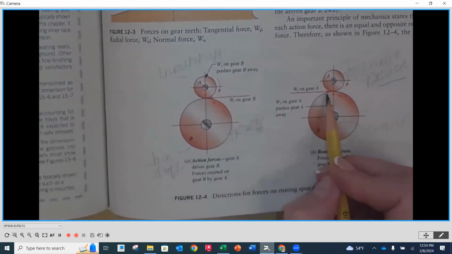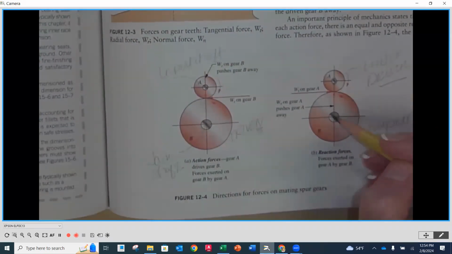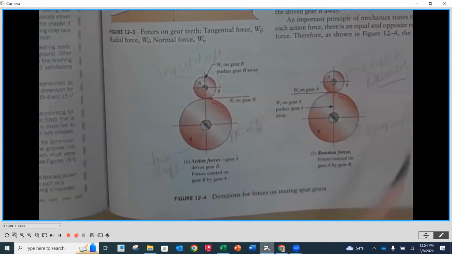So the tangential force points in the opposite direction of rotation, still perpendicular to the radius, because it has to push the other one along. So it's going to have that opposing force. Its radial will still go from the point of engagement back to its center of rotation. That's still the same.